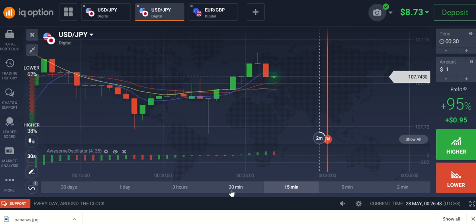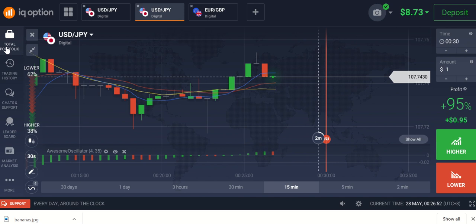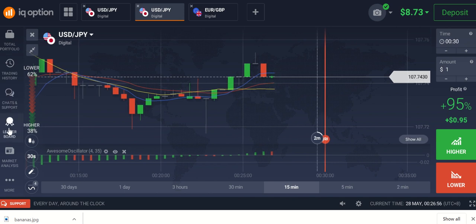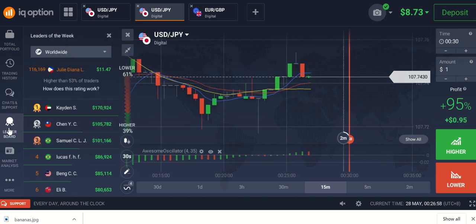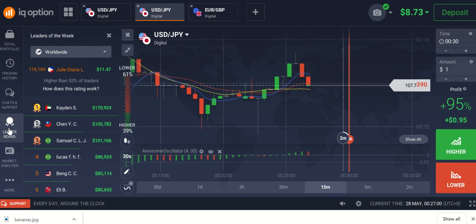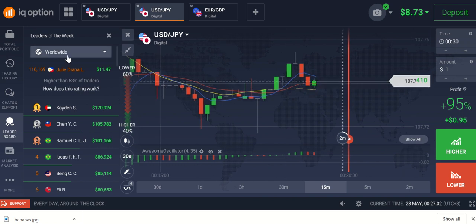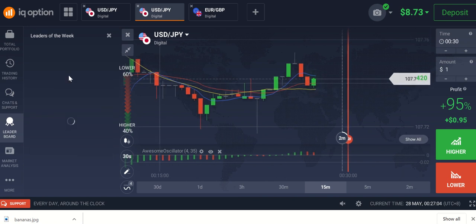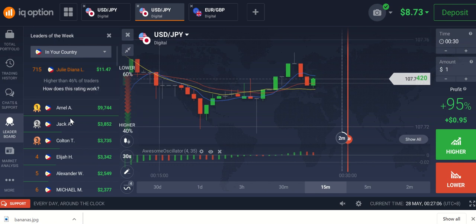So let me walk you through this page while we wait for this 2 minutes to finish. Well, this one over here, just want to show you this. There are a lot of Filipino traders here, by the way. So you have in our country, look at these people.